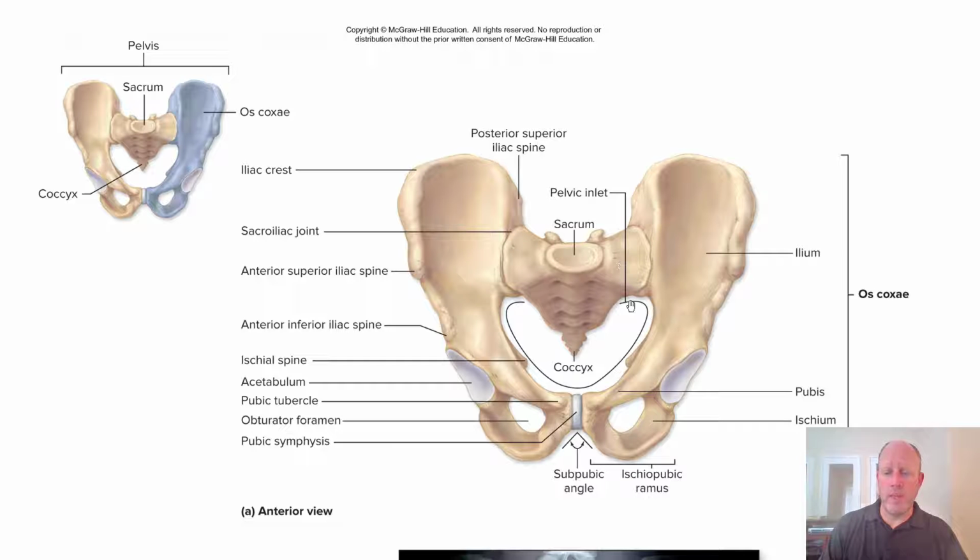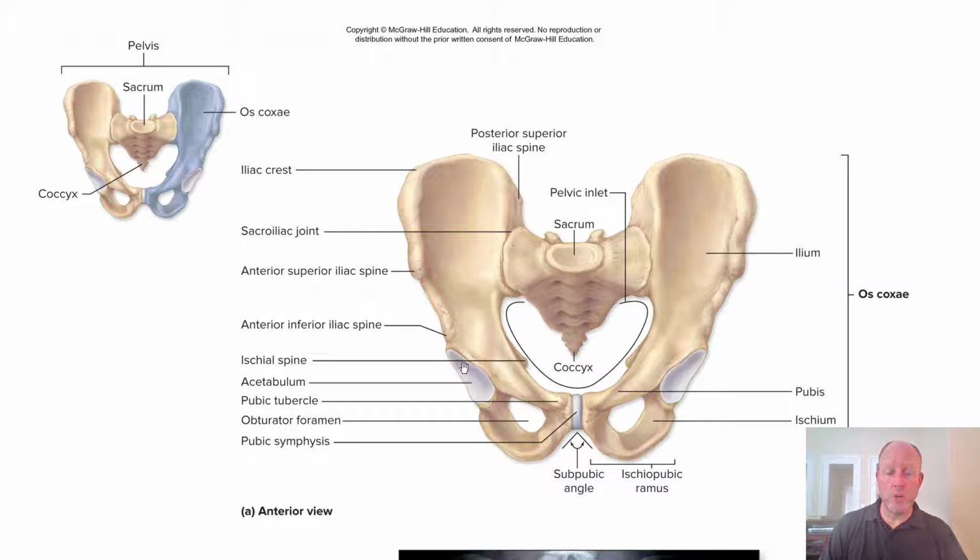Then we have the pelvic inlet, the ilium, this primary body here, the pubis, the ischium, the ischiopubic ramus, and the subpubic angle here. The pubic symphysis is a connection point right between the Os Coxa.